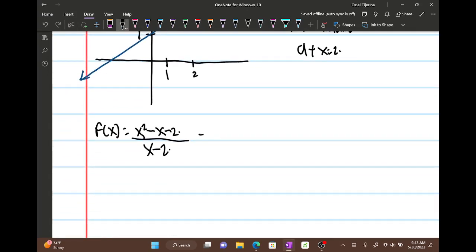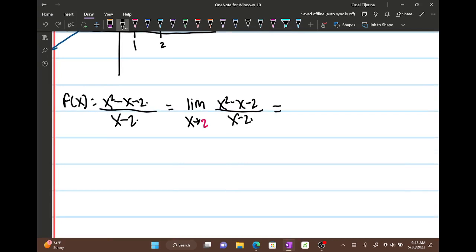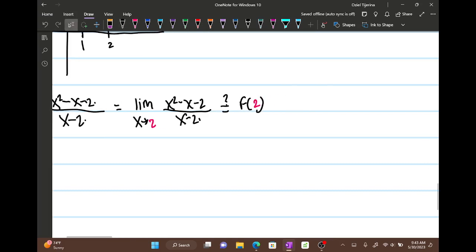So basically, if I do the limit as x approaches 2 of f of x, of the function x squared minus x minus 2 over x minus 2, I want to know, is this equal to f of 2? Because I want to see if this is true. We need to know if this is true in order for this function to be continuous.